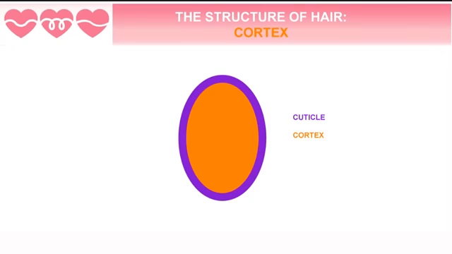Now, to my knowledge, the cuticle responds to 3 different forces that I am currently aware of. Number 1, temperature. 2, pH balance. And 3, what I call surface treatment. Now, temperature is pretty straightforward.